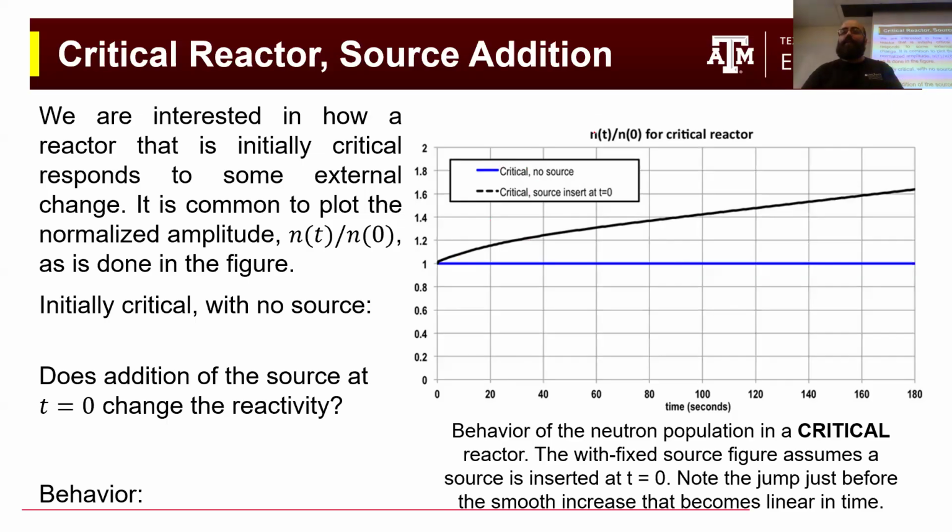What we're plotting here is the neutron density normalized to the initial amount. You'll see this a lot with plots of point kinetics quantities, they're normalized so that the initial value starts at 1 if you're critical, and any deviation from that can be seen.